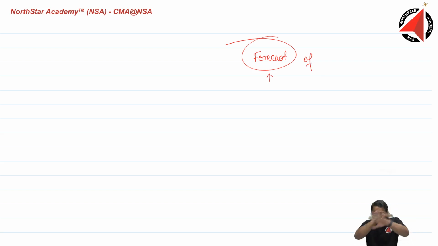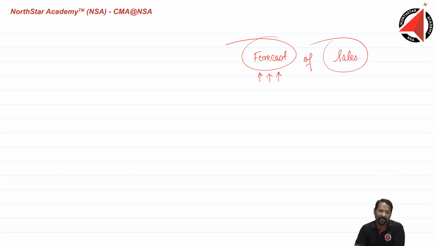What is one thing in the entire budget that is most critical that I should know? So many budget names we have learned, but the one thing I should know is sales. If sales is properly forecasted, then everything else can be properly planned.